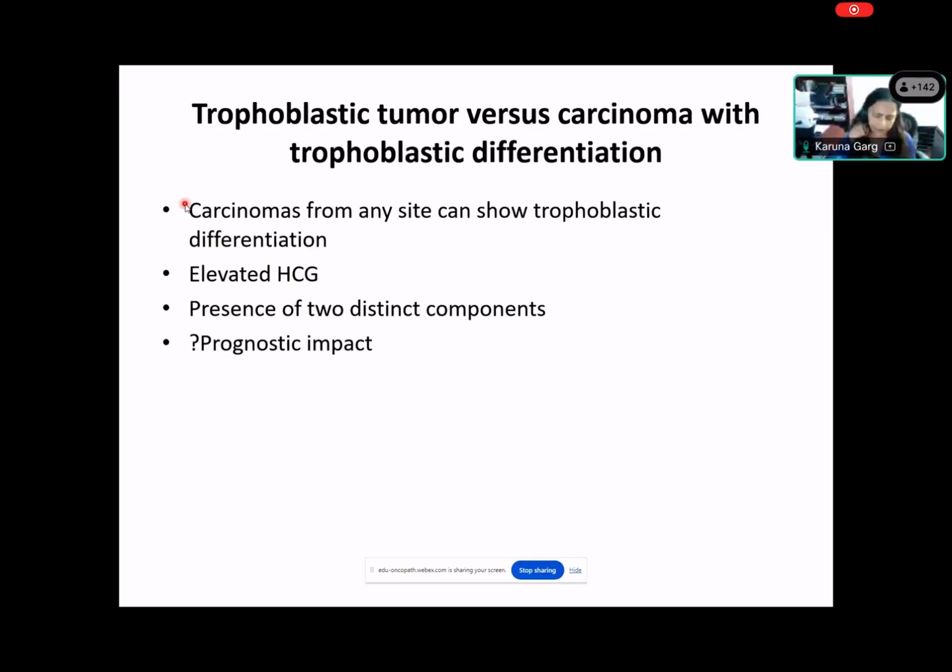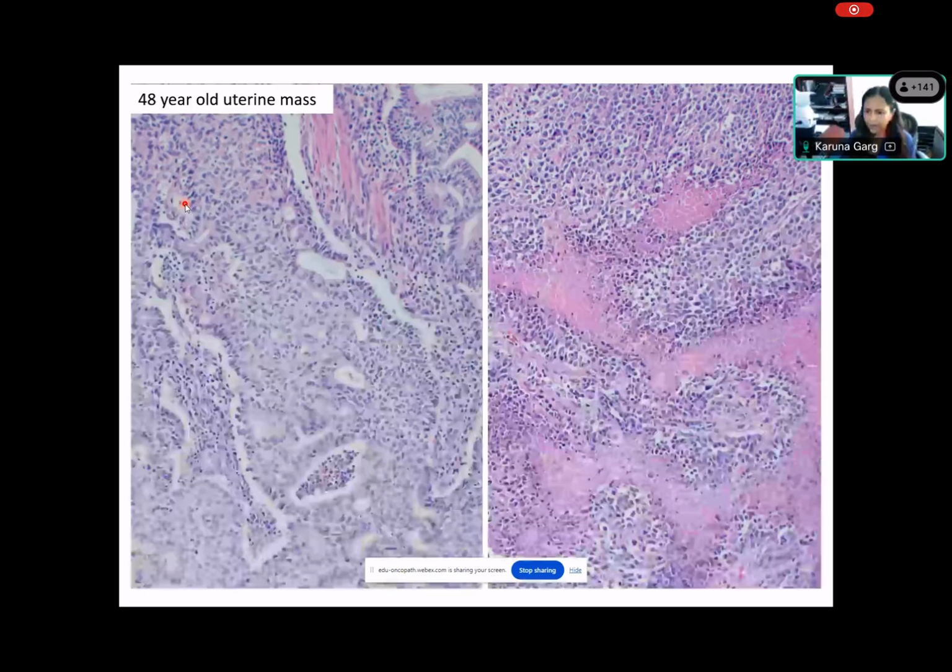I've heard of patients who have colon cancer and are coming in for surgery. They're young, so the day before the surgery, they do a pregnancy test just to be sure, and the pregnancy test comes back positive, and they think the patient is in fact pregnant. They're not. It's the colon cancer that has trophoblastic differentiation, and it's secreting HCG, which is being picked up by the pregnancy test. So, keep that in mind.